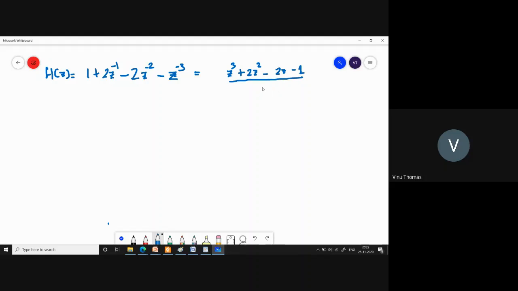So first of all, let us look at where the poles of this filter are located. Where are the poles of this FIR filter located?